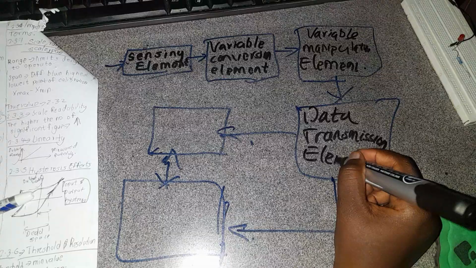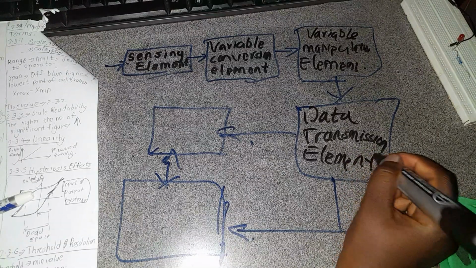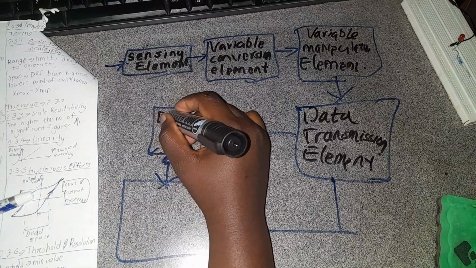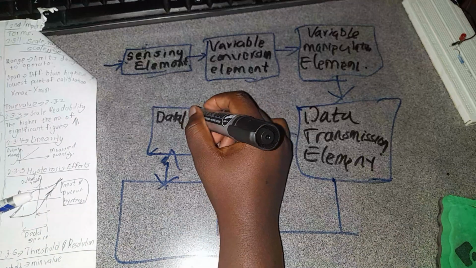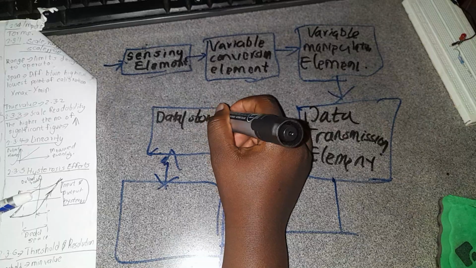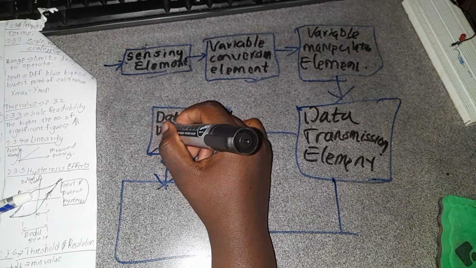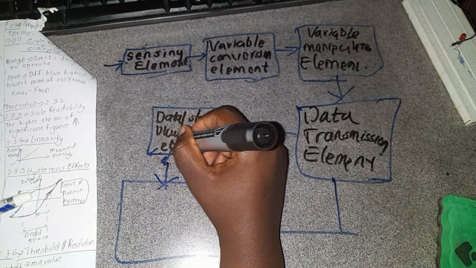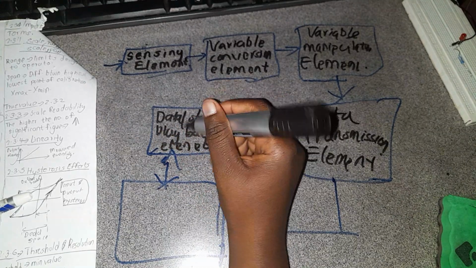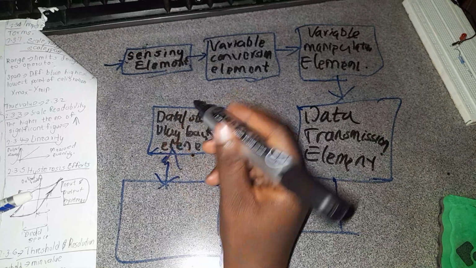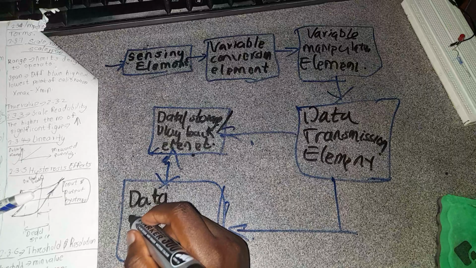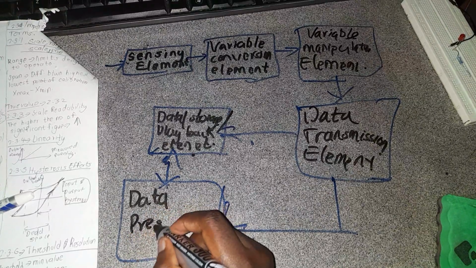After transmission, we can have the presentation of the data, or the data can go directly into storage. So in here we have a data storage or playback element, and we can access the data from storage. So either way it will be presented, the presentation element.